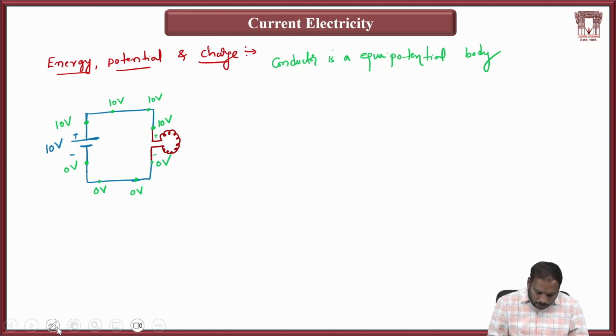Now to understand further, consider that in this entire loop, it is a single loop, the same amount of current flows.